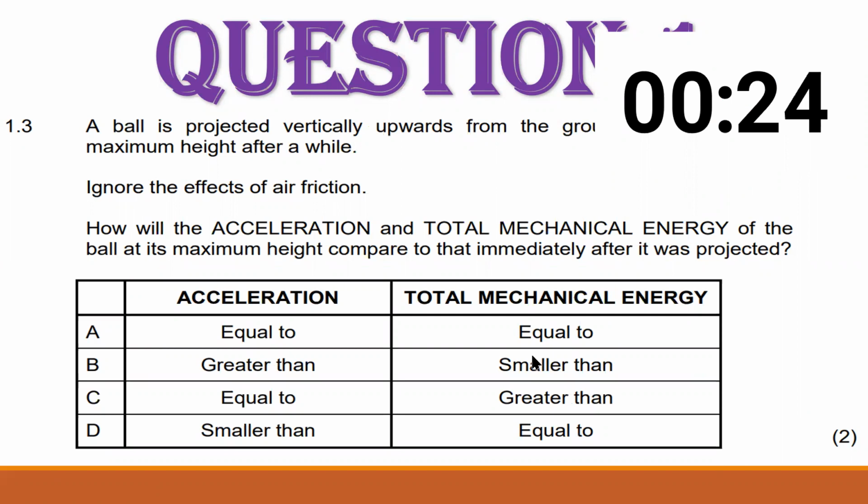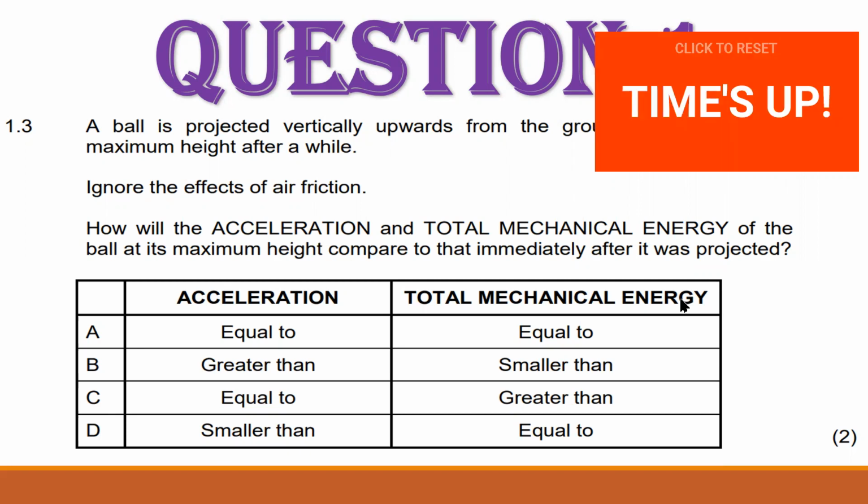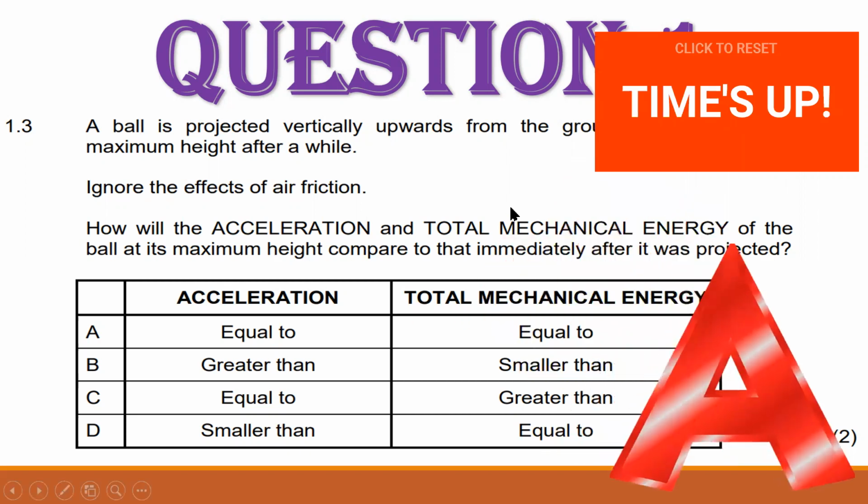If it is going to the highest point, maximum height, what's going to happen to your acceleration and total mechanical energy? Which option is correct? Yes, time's up. So the answer is A.